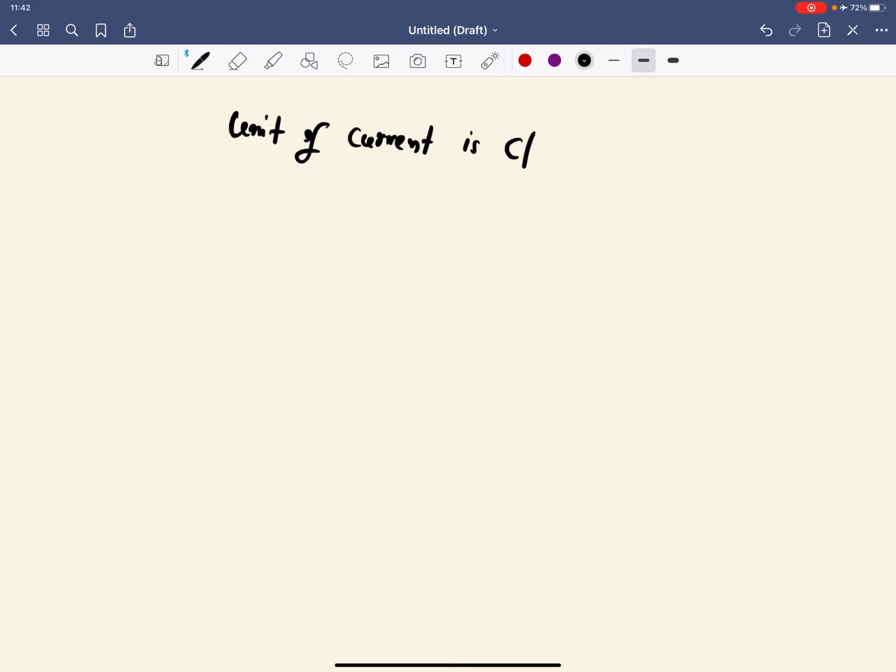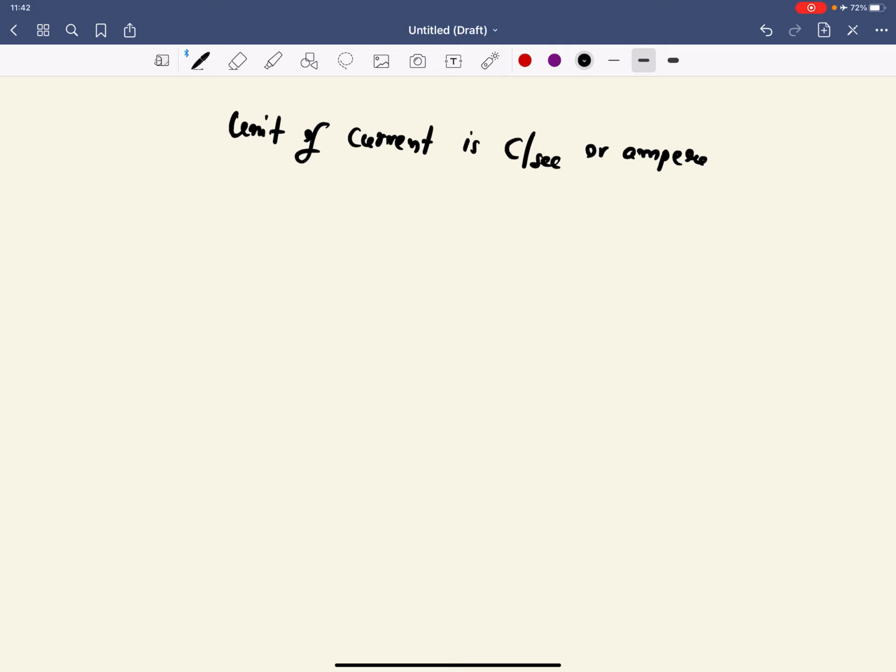So what we have discussed just now is the magnetic force due to a line of charges or line current.